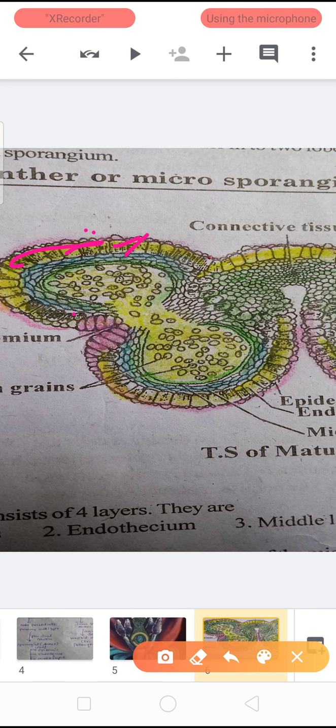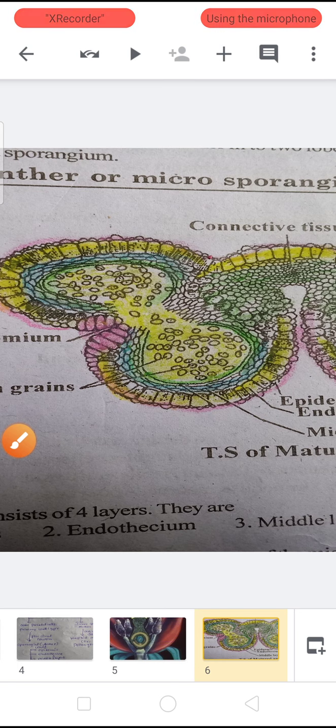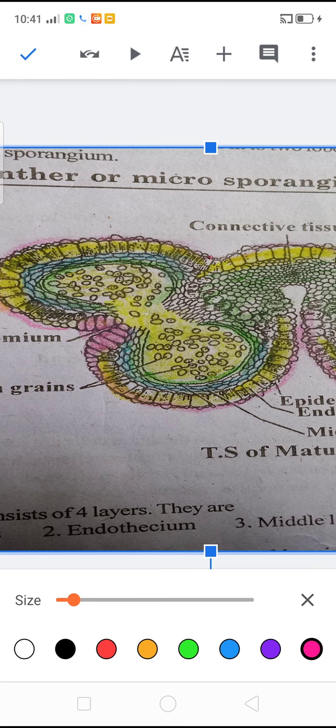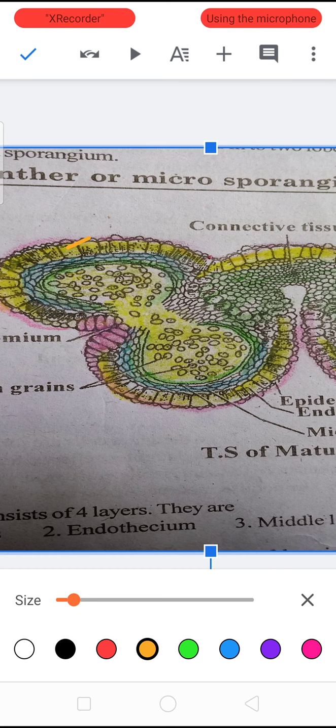Next, coming to the middle layers. Just beneath the endothecium, middle layers are present. This layer is made up of 2 to 4 layers of cells and it stores starch.